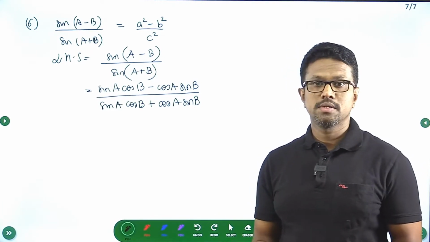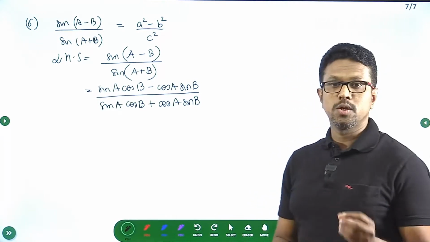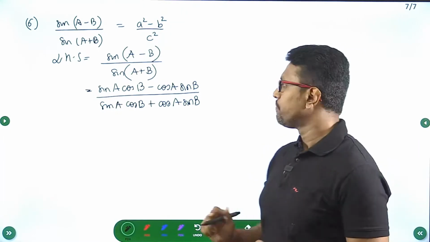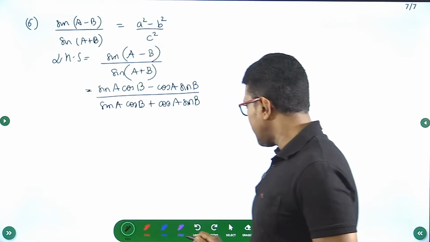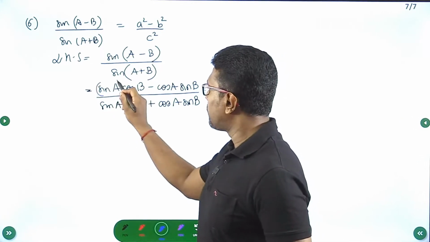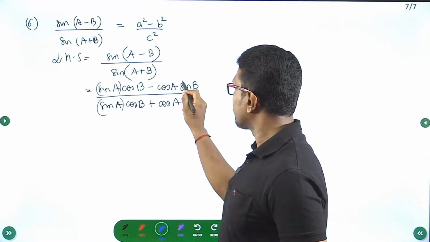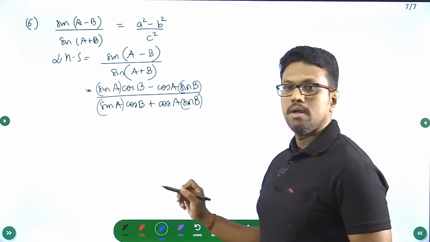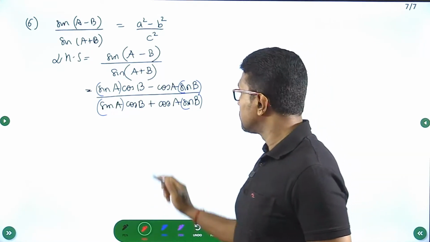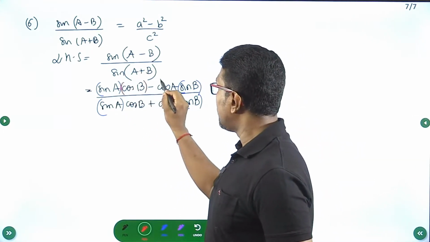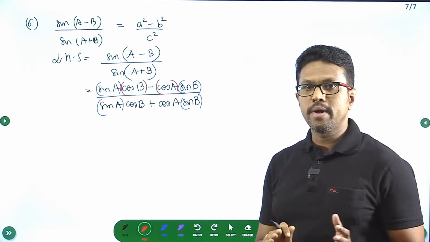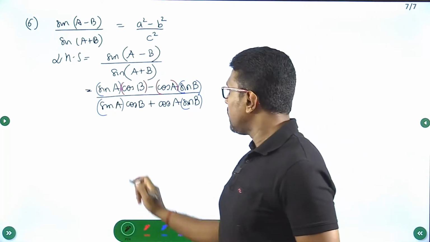Wherever I see cos, I'll apply the cosine rule, but only at the numerator. Denominator में कुछ और होगा, ठीक है? So wherever I see sine, I'll apply the sine rule, okay? And wherever I see cos, at the numerator I will apply cosine rule, but at the denominator I won't do anything, ठीक है? तो यहाँ पे ऐसे करके देखो.